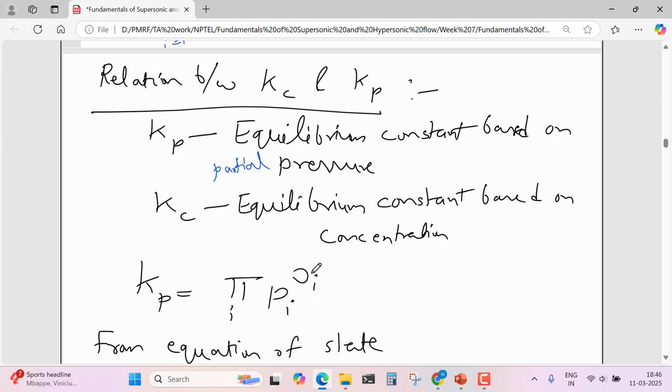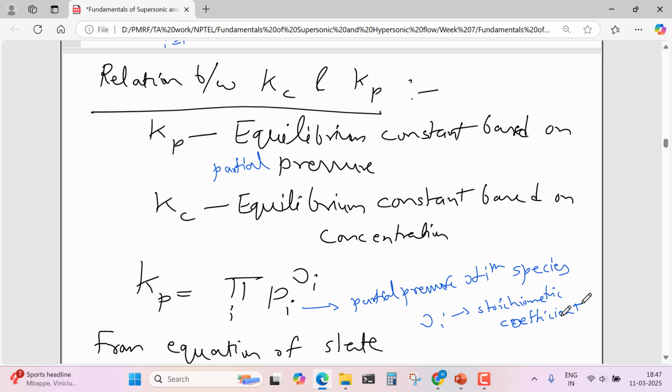Here pi is the product, Pi is the partial pressure of the ith species, and mu i is the stoichiometric coefficient of the ith species.